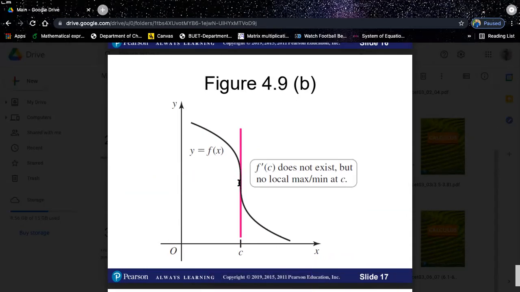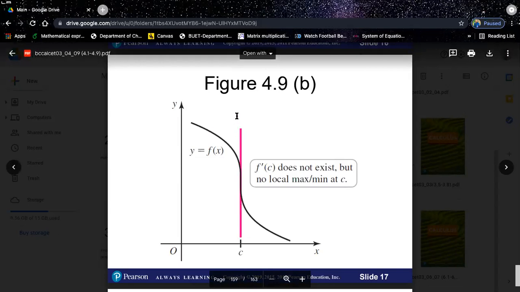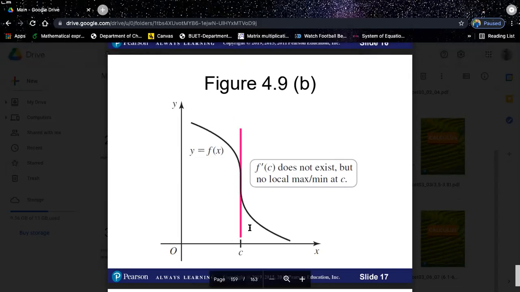And the even more interesting part is that it's not even differentiable at this point. Can you see that? Because it's creating a vertical line, a 90-degree angle with the x-axis. It's absolutely parallel to the y-axis, right?